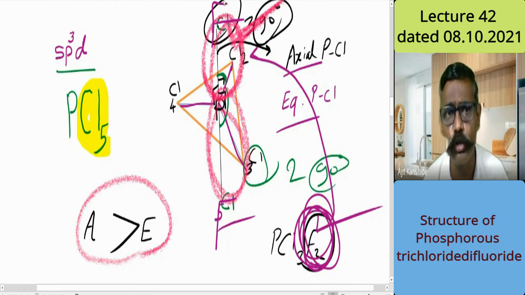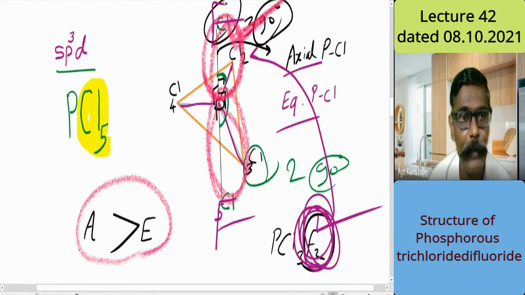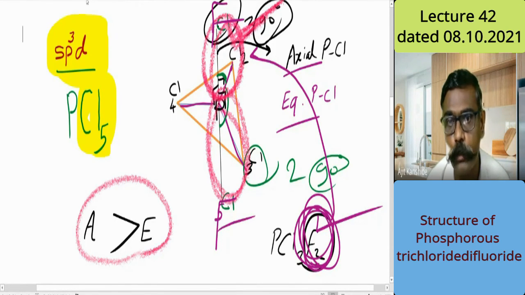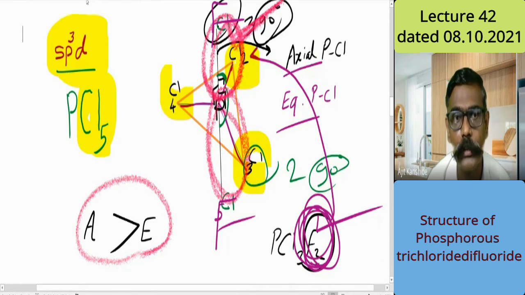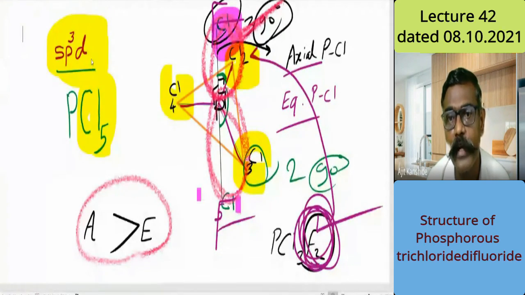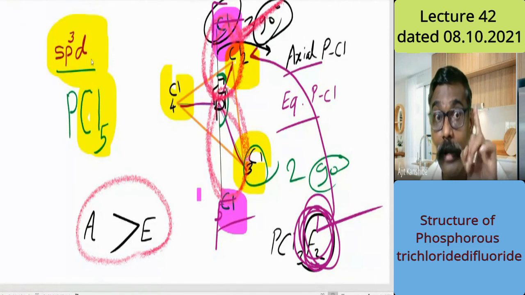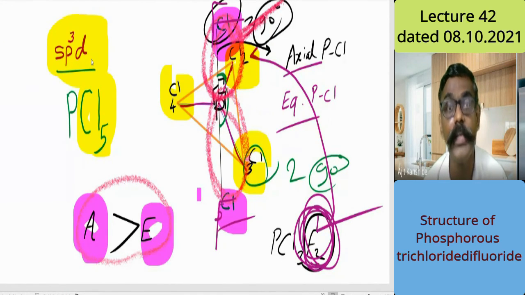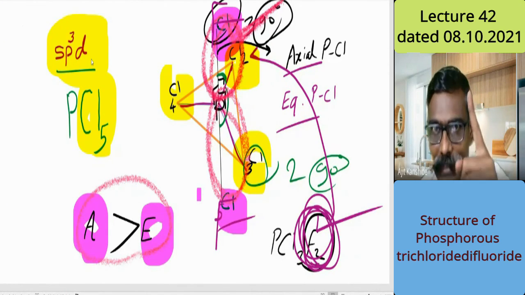The hint I am giving you: sp3d is the hybridization undergone by the PCl5 molecule, but all chlorines are not equivalent. One chlorine, 2 chlorines, 3rd chlorine and other chlorines experience different kinds of culture. So bond length is different. In PCl5 the bond length remains different. The axial bond length is more than that of the equatorial. It's a conclusion. This is the first example.